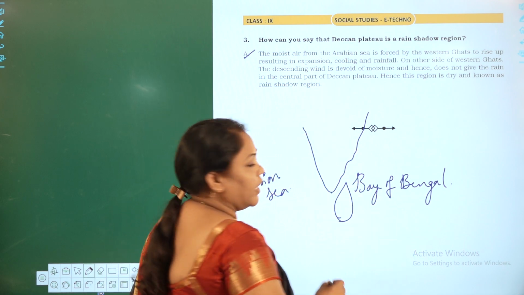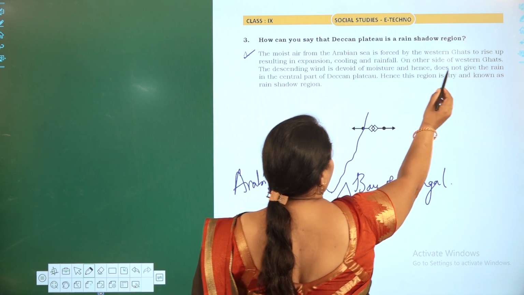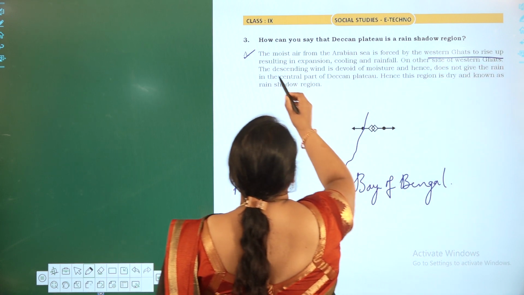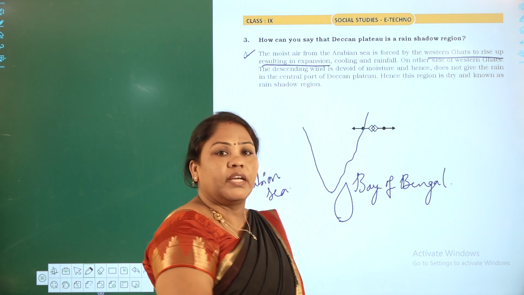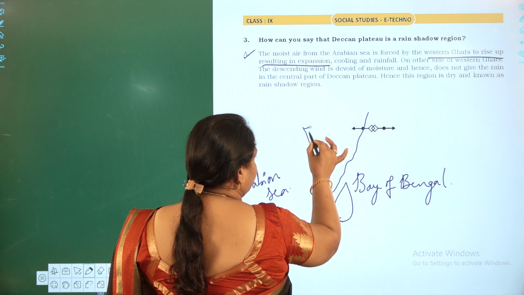Here, the moist air from the Arabian Sea is forced by the Western Ghats to rise up, resulting in expansion, cooling and rainfall.